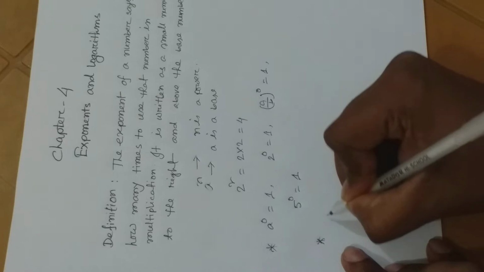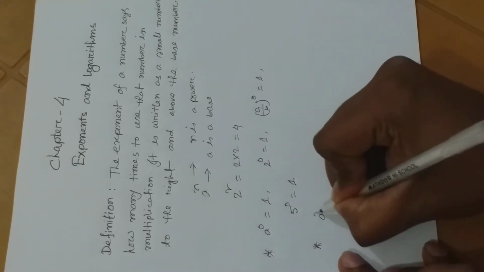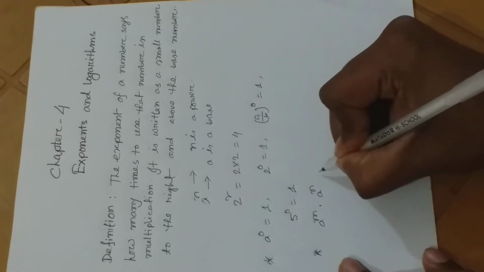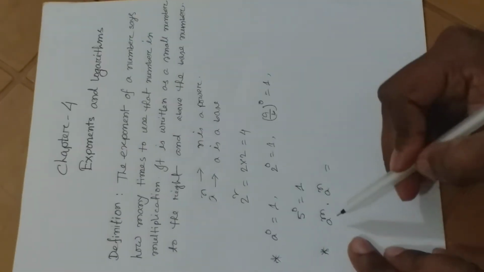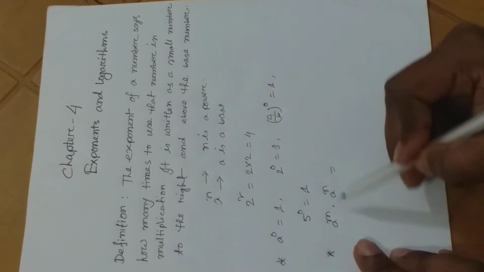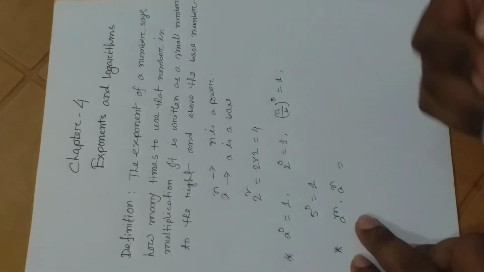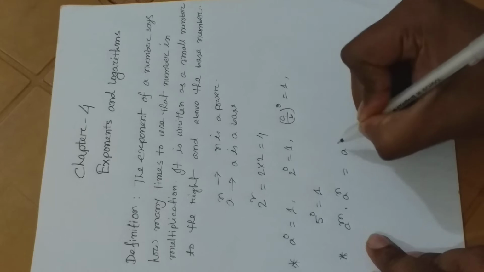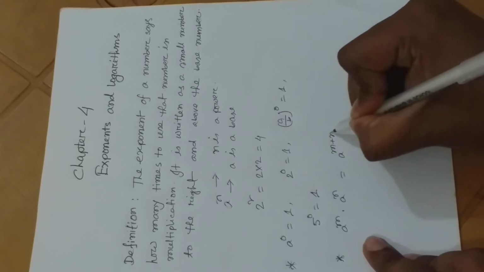Second formula, a to the power m into a to the power n. You can see the bases are the same. When the bases are the same and it is in the form of multiplication, then the powers will be added, such as a to the power m plus n.